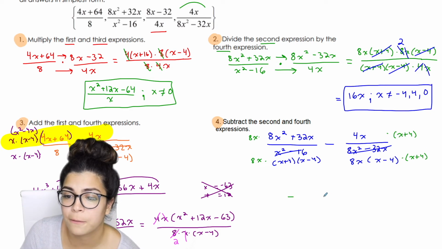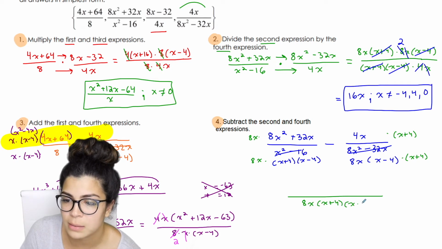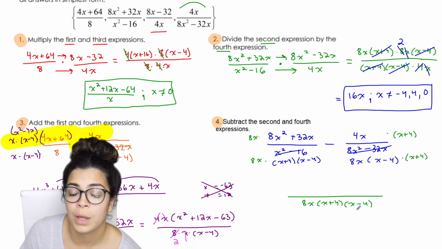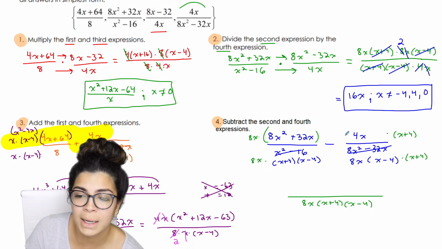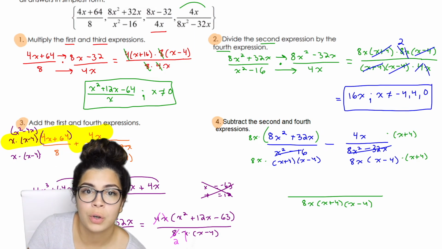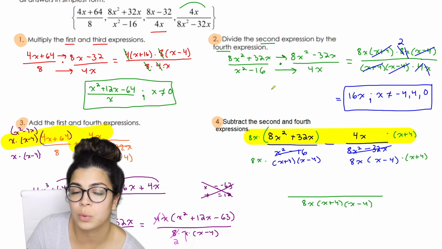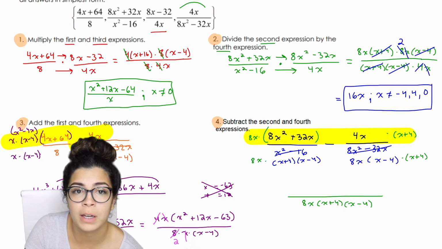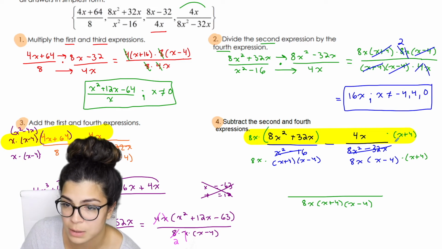Now the denominator for both is the 8 times the x times x plus 4 times x minus 4. The numerator will be 8x times this quantity minus 4x times this quantity. So again, with subtraction, just be careful that subtraction will distribute to both of the terms on the right.